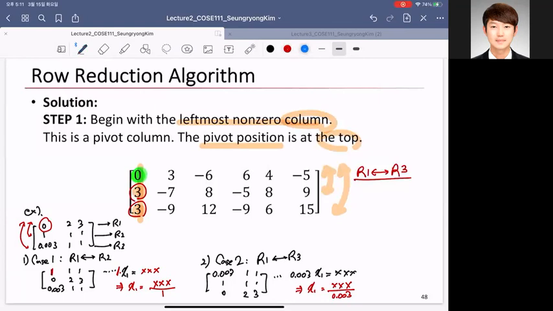So for example, if your computer uses 4 bits to represent your number, and your number is 0.6666 blah blah blah, then you have to round off. The computer uses round off to represent your number, something like this. So there is some gap. This gap is called round off error.